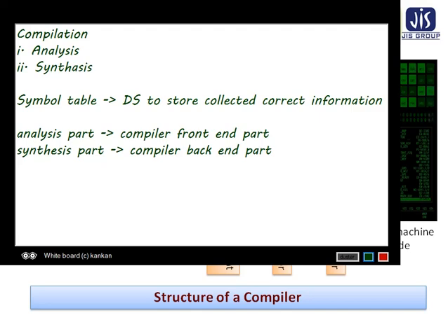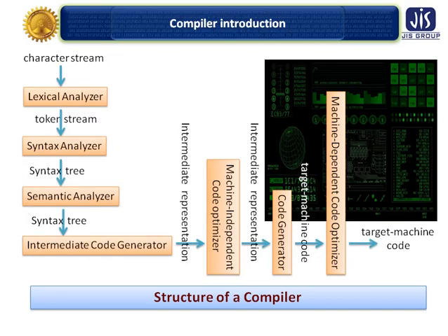Now another thing I would like to tell you: Java uses a JVM, the Java virtual machine, and the Java virtual machine converts the source code into bytecode. This makes Java platform independent.